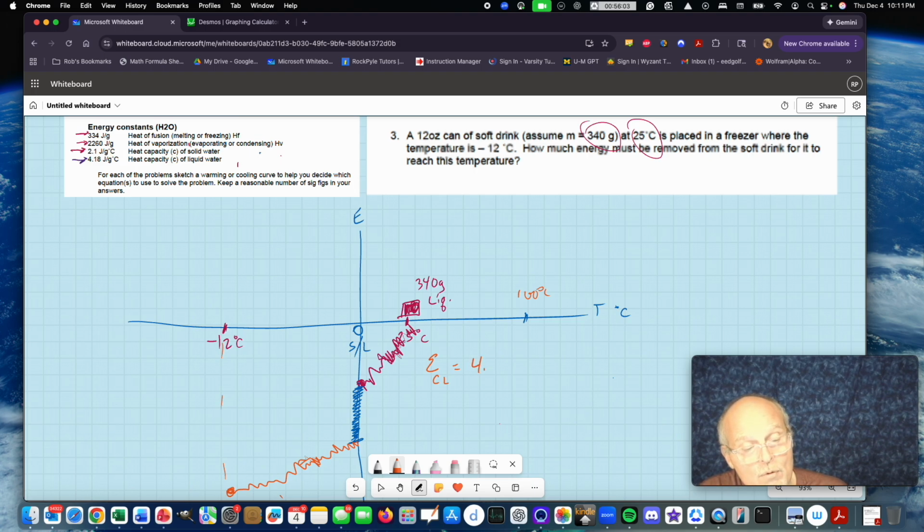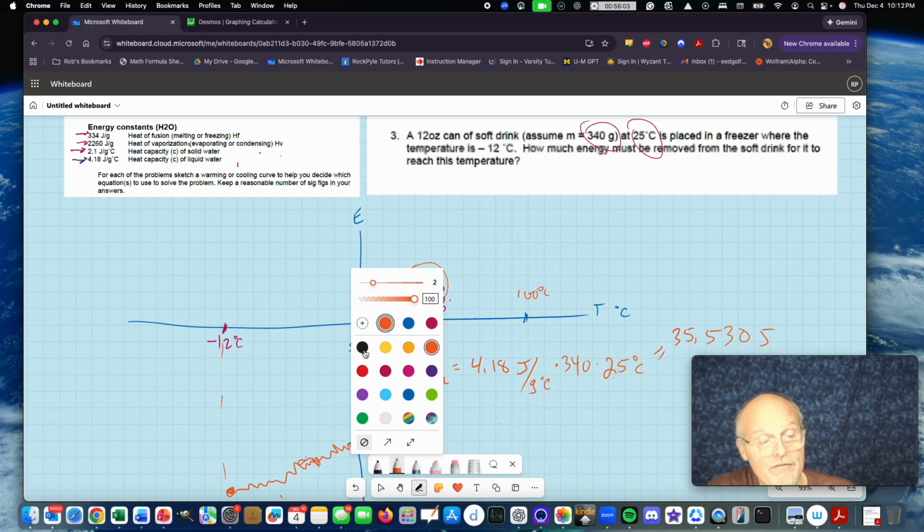This will be 4.18, because I'm liquid, joules per gram degree C, times the number of grams, 340, and the number of degrees C, going from 25 to 0, so 25 degrees C. This equals 35,530 joules for the cooling.